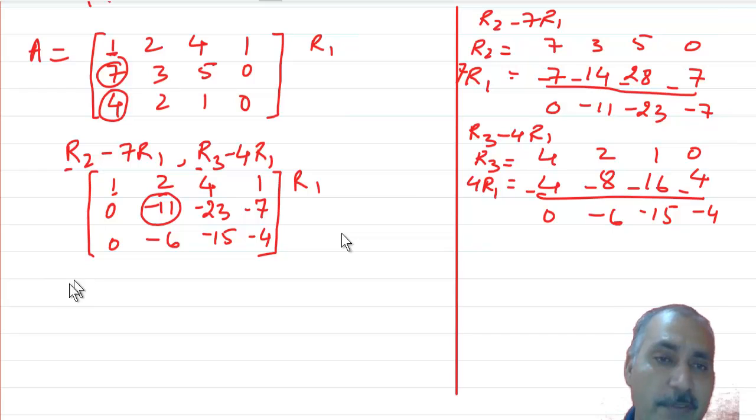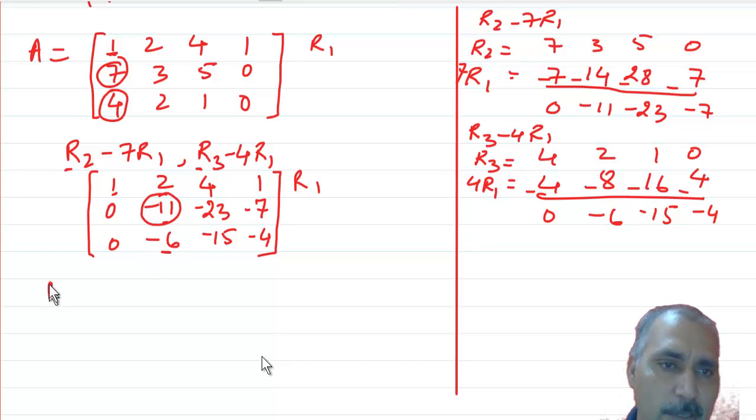So what we will be doing is R2 minus 2 times R3. Now this is minus 11, this is minus 6, so we will do the operation as R2 minus 2 times R3.